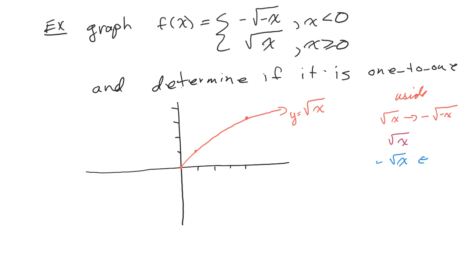So the graph is reflected in the x-axis. So our graph now looks like this. I'm going to put that in blue. So that's what our graph is as our transformation. So our graph kind of looks like this.